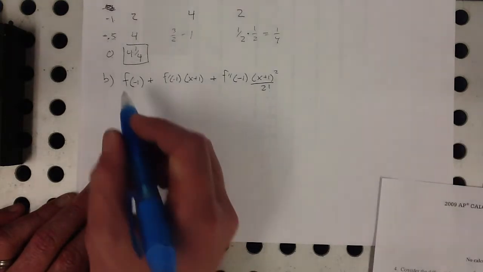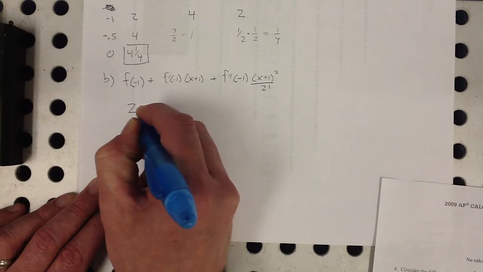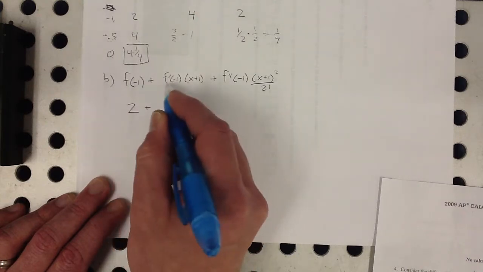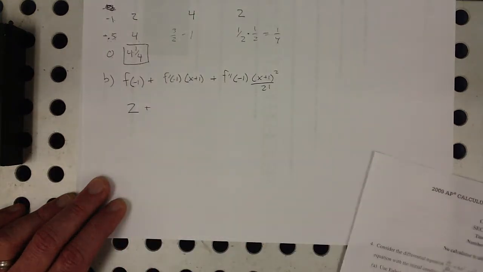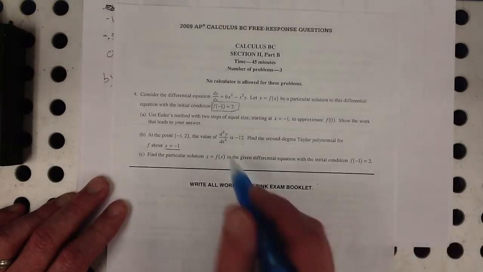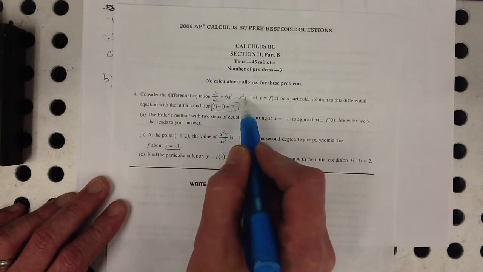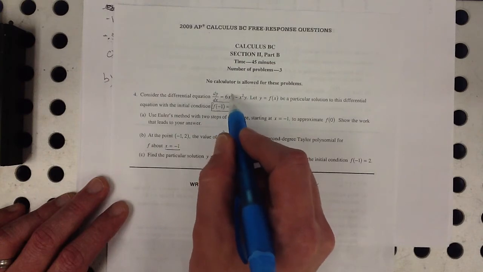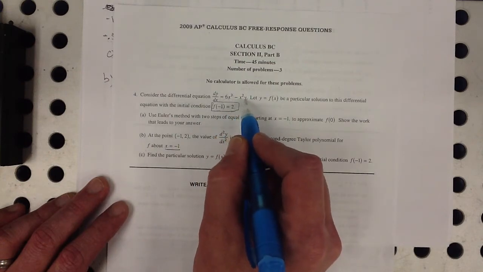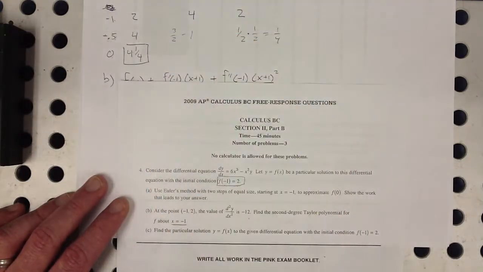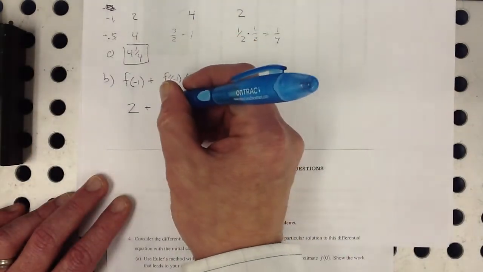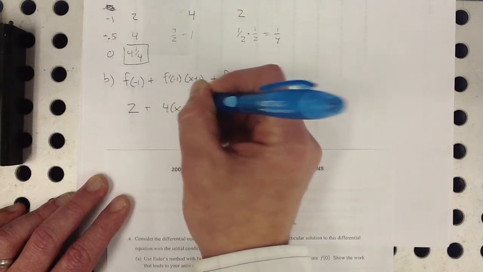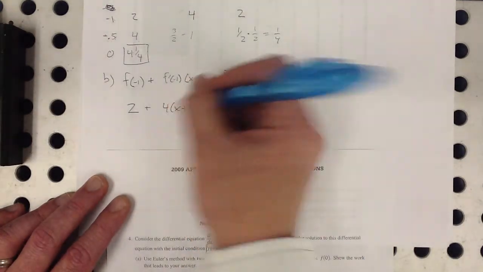All right, f of -1 is 2. F prime of -1, I'm going to have to use both coordinates. It's -1 and 2 plugged in here. Didn't we already do that? That was just this, right? So that's 4. We did calculate that before. So 4 times x plus 1.